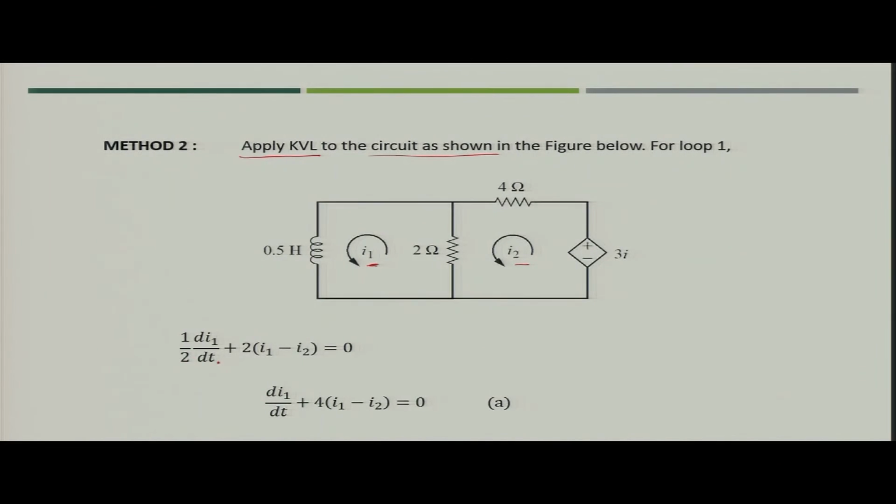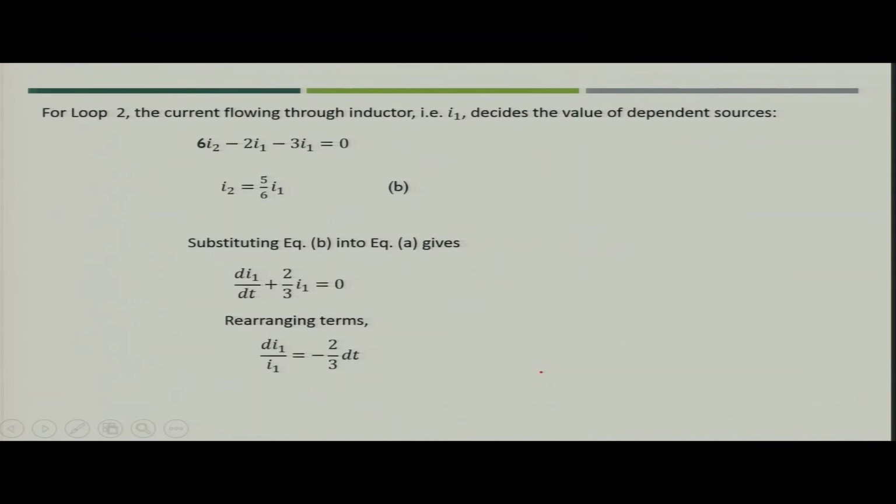L di by dt. So, this will become half di1 by dt plus 2 times (I1 minus I2) equal to 0. If you simplify, this will become di1 by dt plus 4 I1 minus I2 is equal to 0. Now, for the second loop, we can write 6 I2 minus 2 I1 minus 3 I1 is equal to 0.